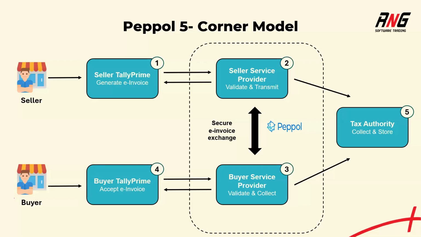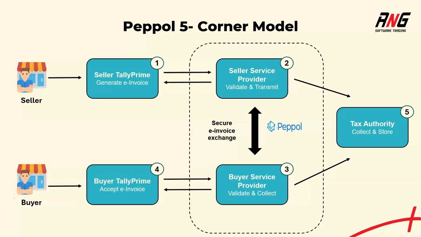Once their software has validated the invoice, it goes to the buyer who accepts, and again it goes to the FTA. So in total, it goes to the FTA three times. The moment you generate an invoice from the seller side, it goes to the FTA. At the same time it gets validated by your ASP. If everything goes okay, it goes to the buyer's ASP, and the buyer's ASP again sends it to the FTA.